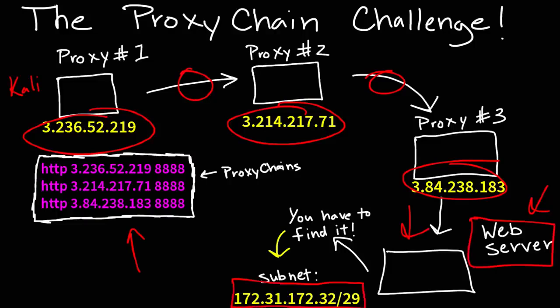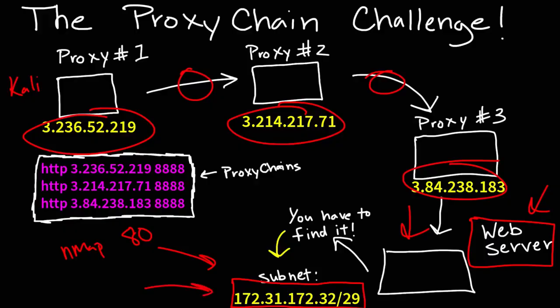The only way you can access these private IP addresses is by going through all 3 of these proxies. You'll need to scan this subnet using Nmap to find the right host that has port 80 open. Once you've identified which host has port 80 open, then you'll need to access the website. And of course, you'll have to access it via the proxy chain. It's a private IP address that's only accessible through the entire chain. And on that website, you'll have further instructions.